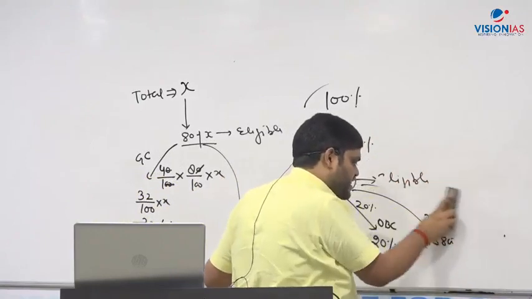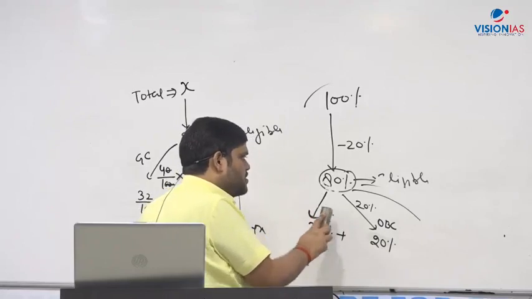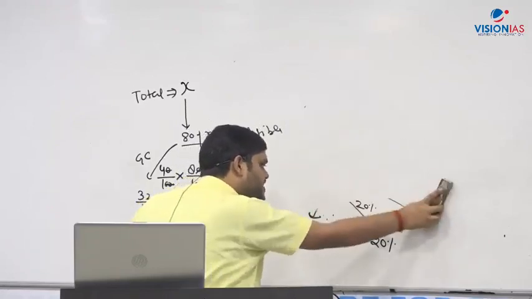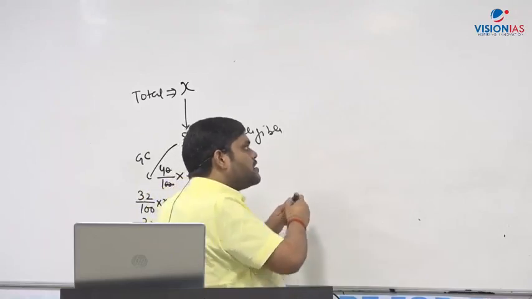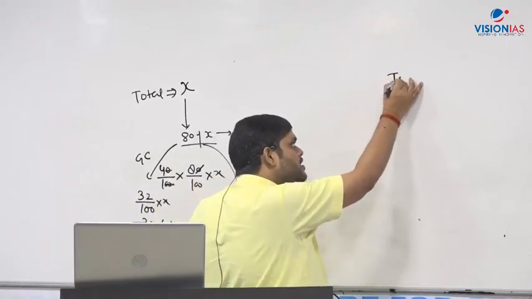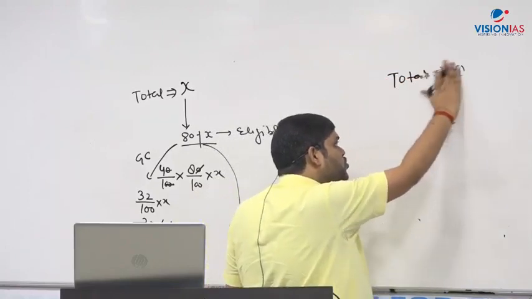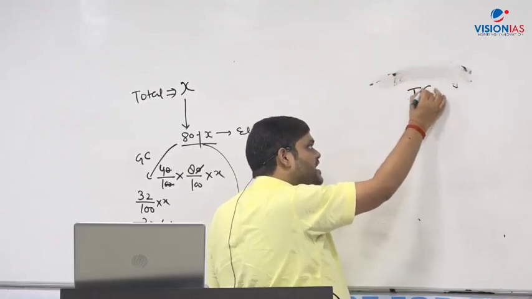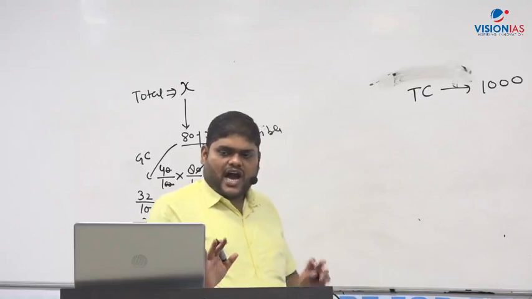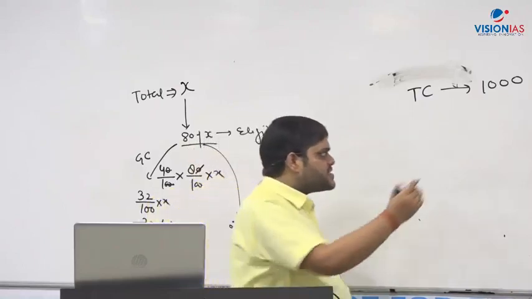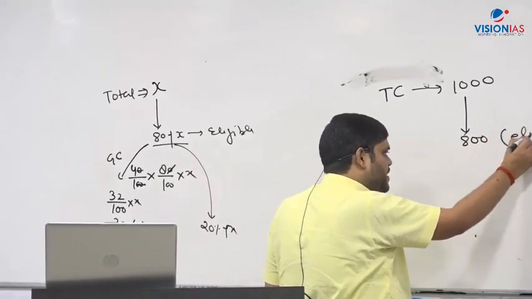Forget about everything here, just talk about percentage only. Okay, let's make another figure here, a very clear figure. Suppose the total candidates become 1,000. I'm taking an example to explain this. Out of this, suppose 800 are eligible candidates.